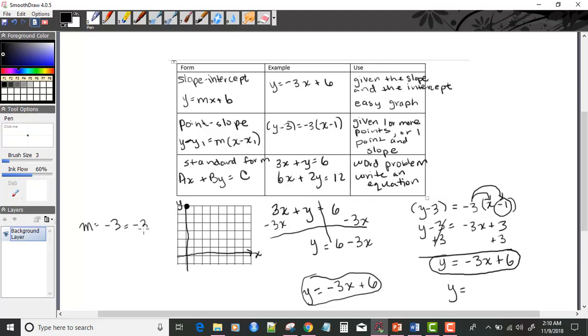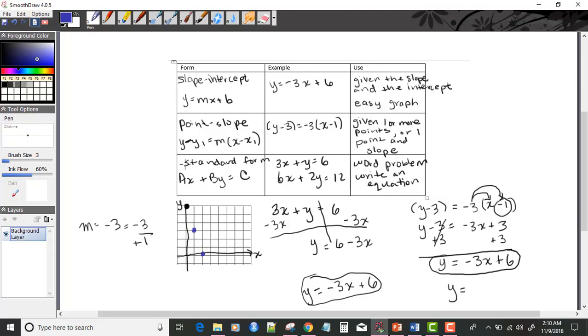Which means that's a negative 3 over 1, change in y over change in x. So I can go down 3, 1, 2, 3, and then to the right 1. That would be my next point. Down 3 over 1, my next point.